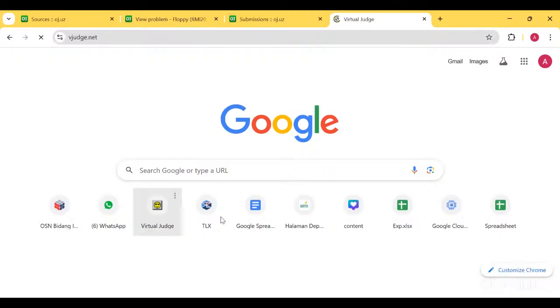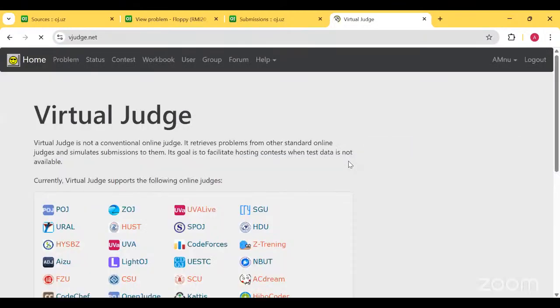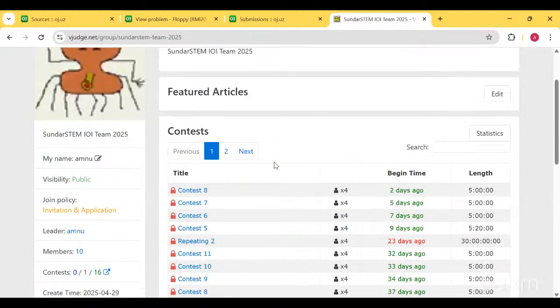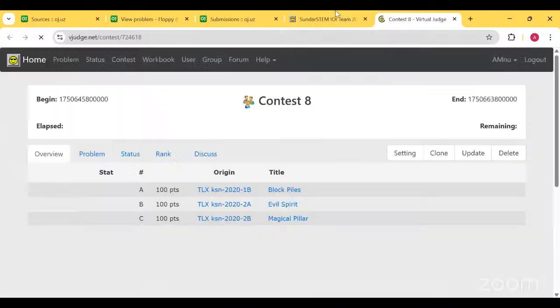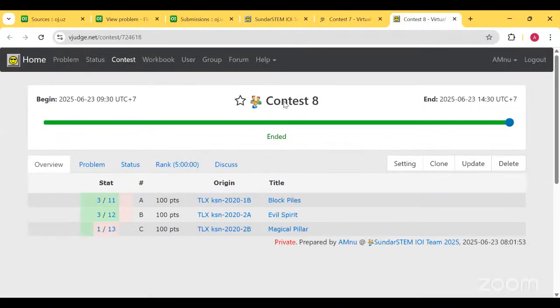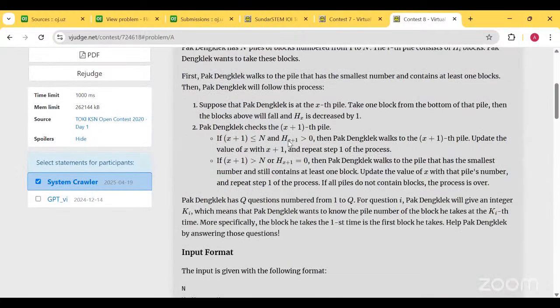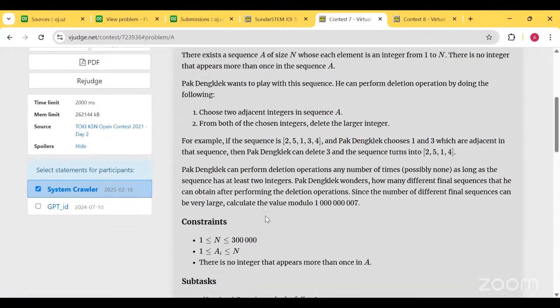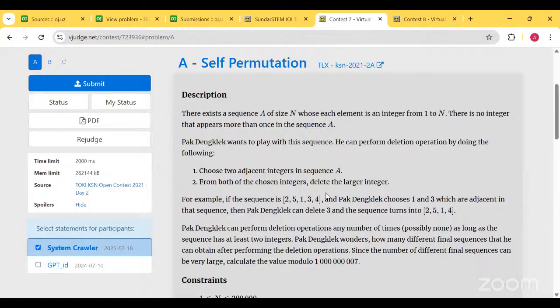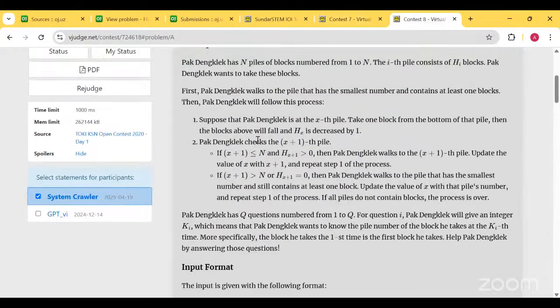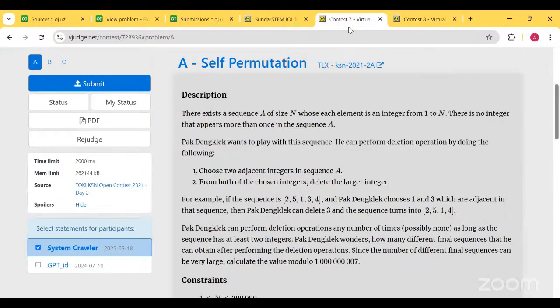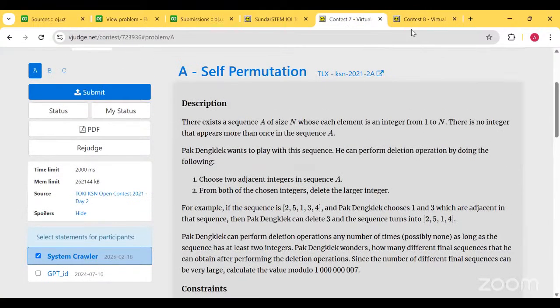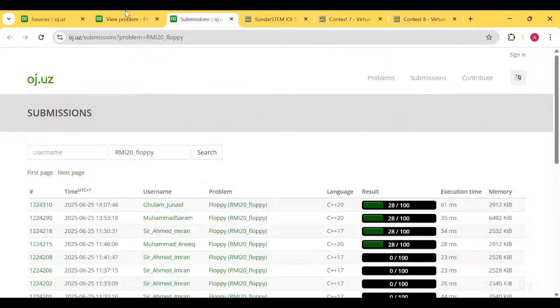The hint is the material always appears in the last two contests. In this contest as well as this contest. Always in the first problem as well. So how do you think? Which topic? Solution for this, as well as this one.